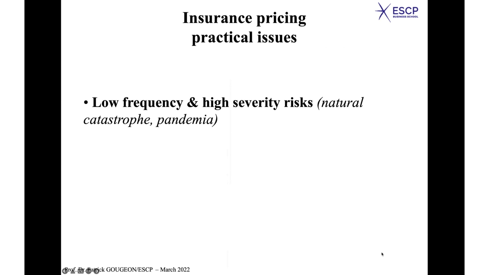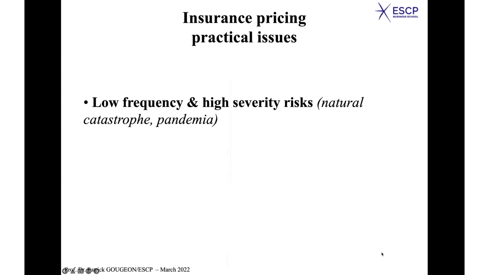So maybe we could use the same approach, but with a very large variance around the expected value. If you have a very large variance, you may have a safety load which becomes very high. And if the safety load is very high, it means that insurers would demand a huge premium that very few people would be ready to pay for.